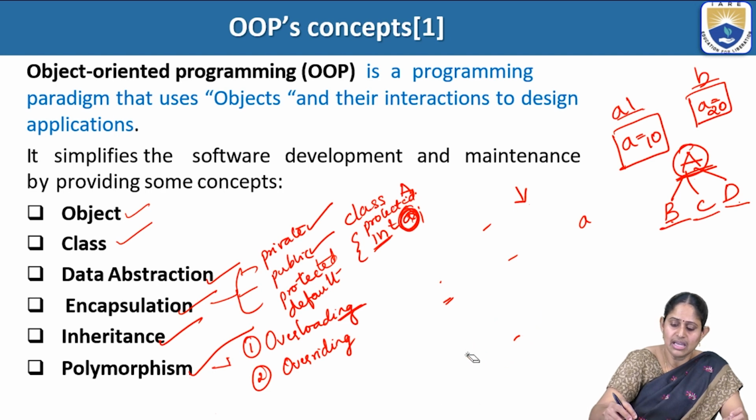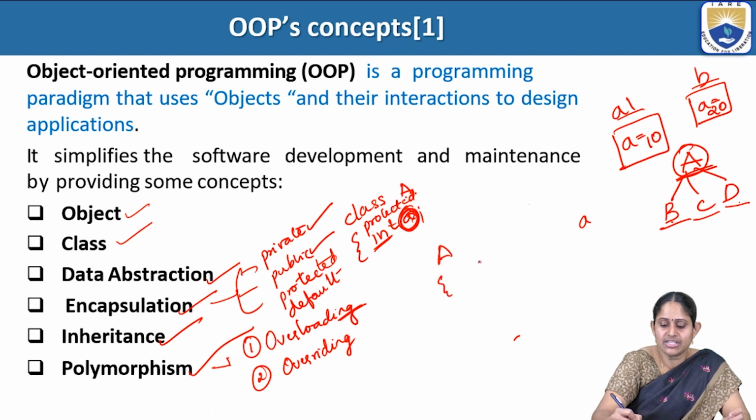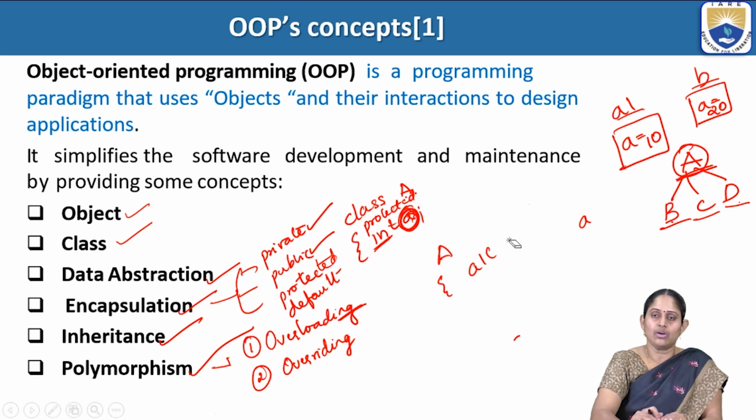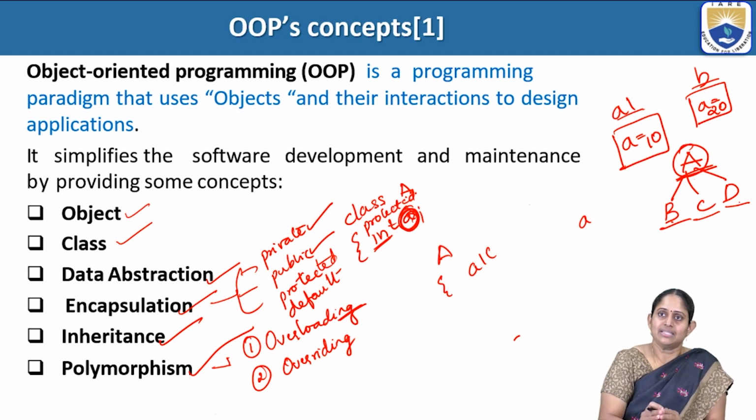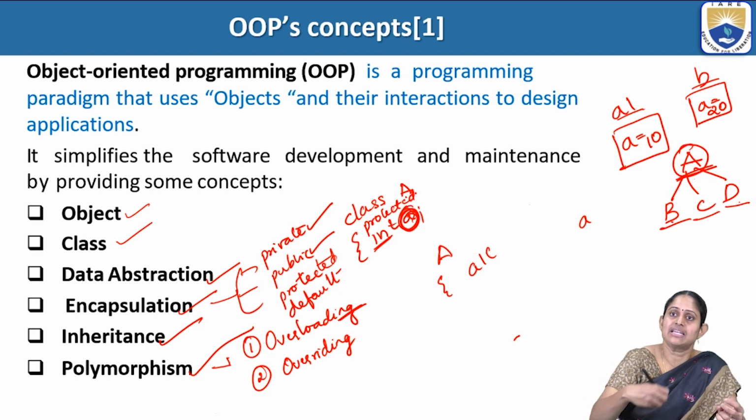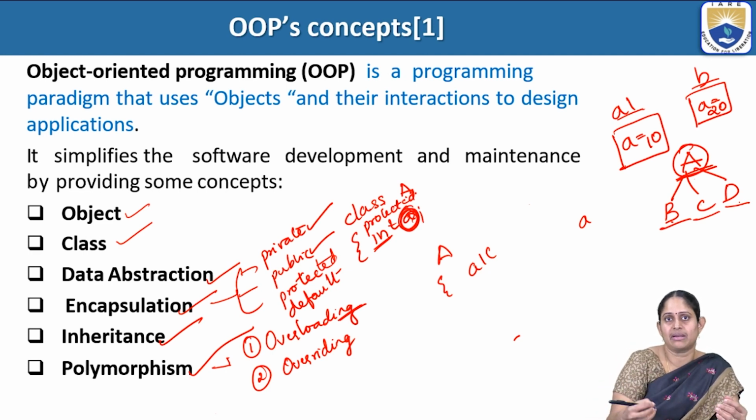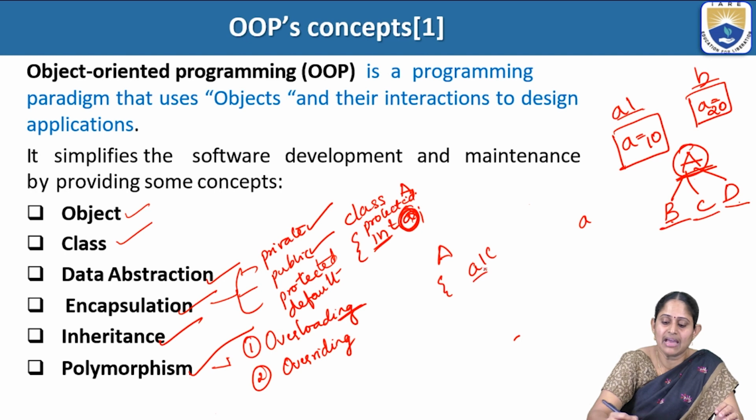Method overloading means the same method existing in different ways, and they differ based on their signature. The method name will be the same, and the signature means the number of parameters or the type of the parameters will be different, but they will have the same name.